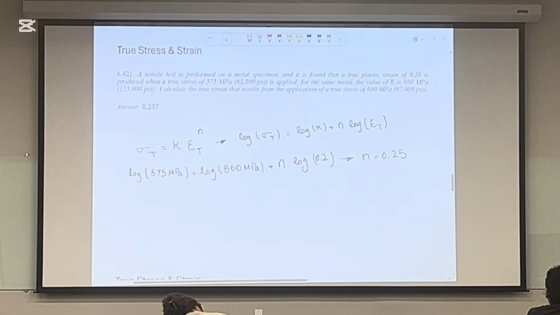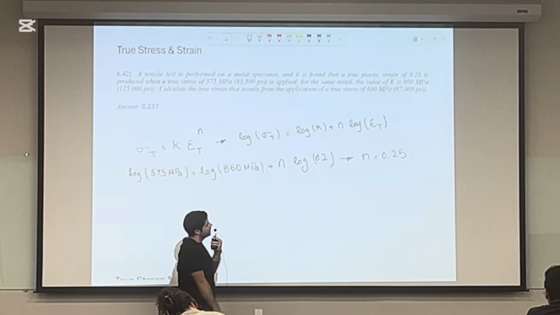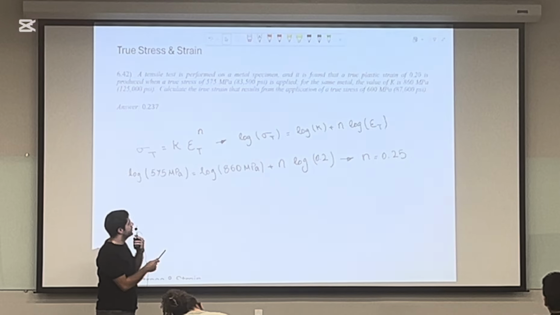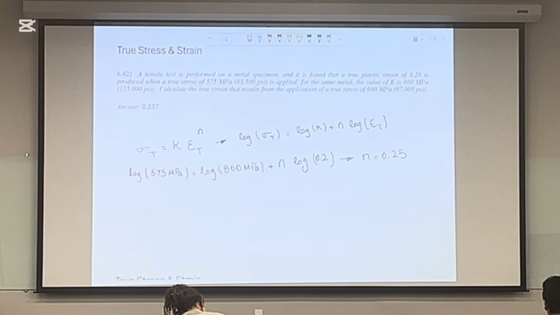And again, we are given the true stress, right? We have N, and we have K, so we just plug N and K into this relation, plus the 600 megapascal, which is the value for true stress, and we find the strain.